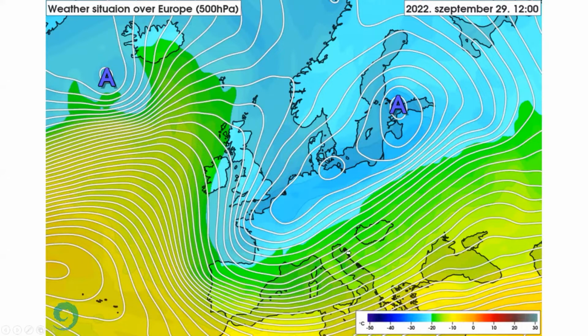The Carpathian Basin, Hungary, was located in the front side of this trough, and this trough covered the northwest half of the continent. It was a very large and a very deep trough.